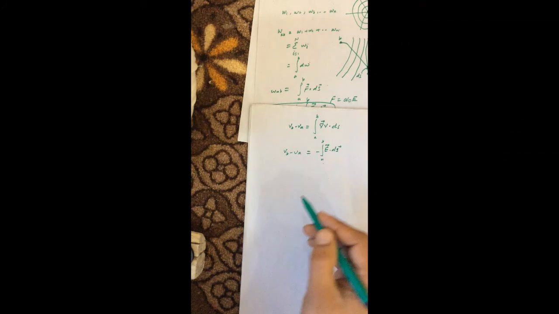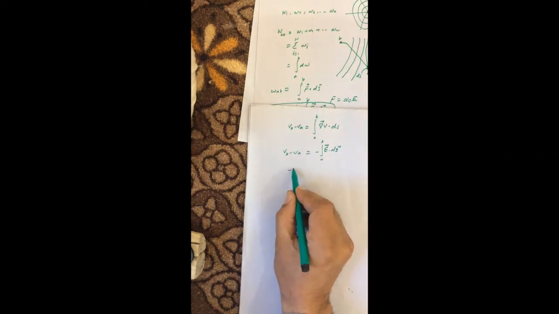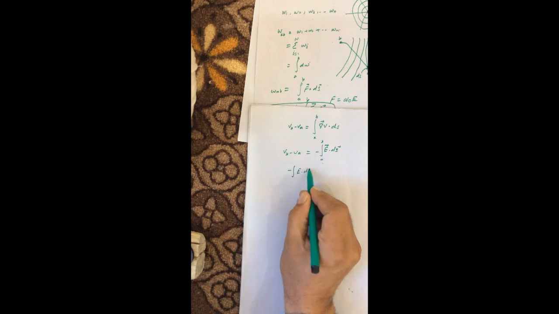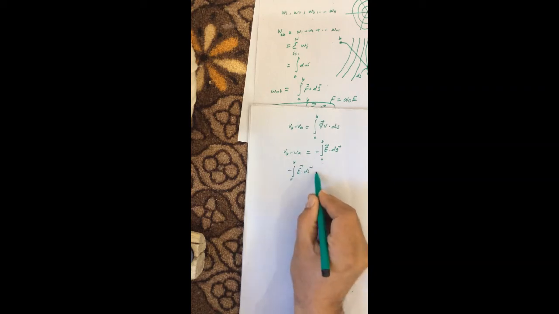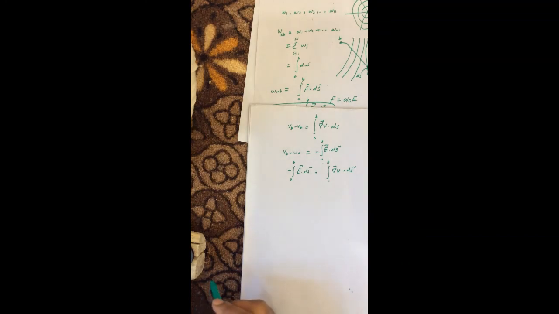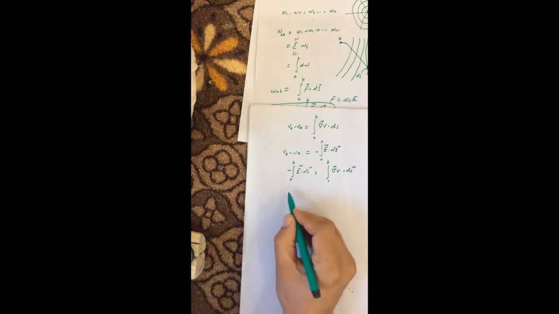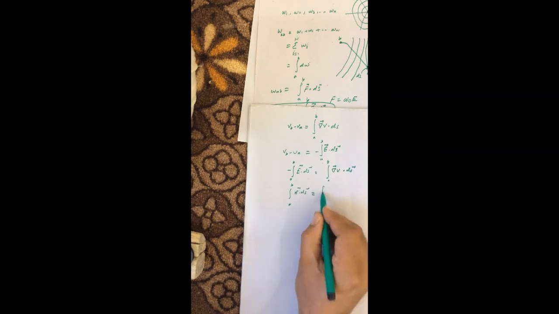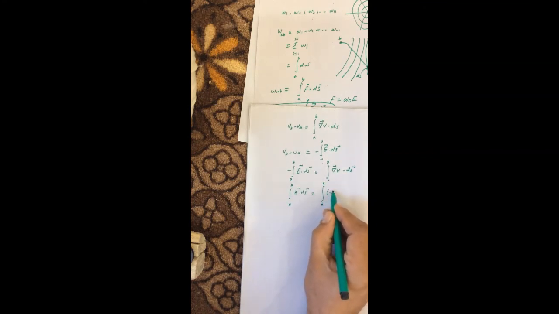Now comparing these two equations, we get minus integral of E dot ds from A to B is equal to integral from A to B del V dot ds. Now I can write it as integral from A to B E dot ds, bringing the minus sign inside, equal to integral from A to B of minus del V dot ds.